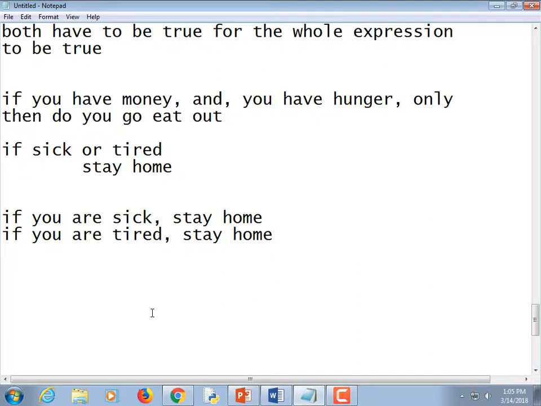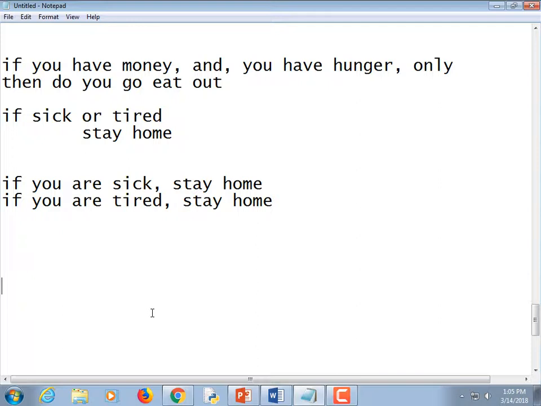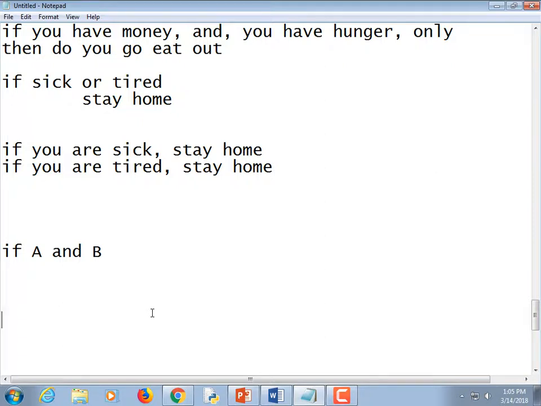Now I'm going to get all logical and put up what's known as a truth table here. If you have two cases like this, if A and B, so we have two variables, A and B, and we are hooking them up with ands. Here's the result. If A is false and B is false, then the result is false because they both have to be true for the answer to be true.